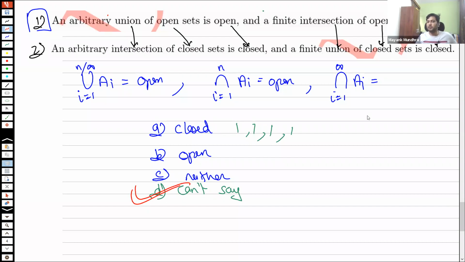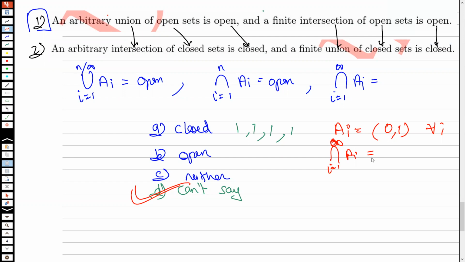You cannot say because take this example. AI is 0 to 1 for all I. Okay, so Kanishka, what is going to be the intersection of AI for I equals 1 to infinity? If every set is open 0 to 1, what is going to be the intersection of all these sets? So the midpoint 0.5.